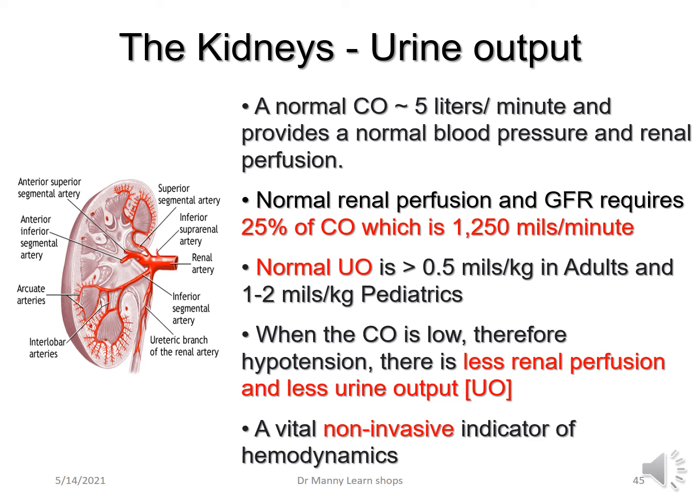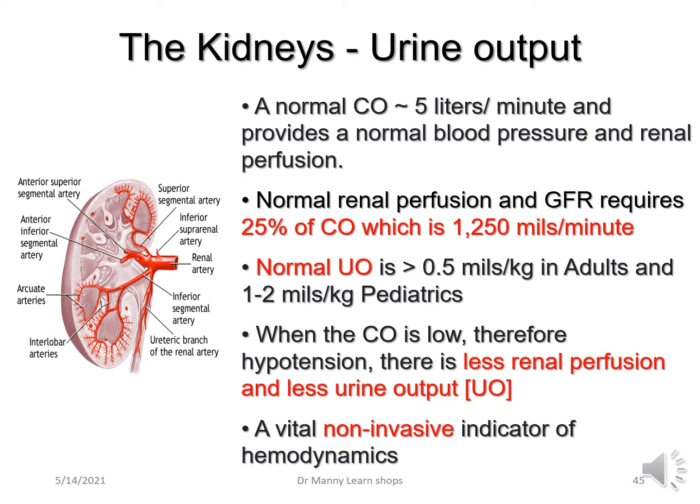Normal urine output in an adult is approximately 0.5 to 1 mil per kg, and about 1 to 2 mils per kg in pediatrics, with normal, typical oral intake. When the cardiac output is low then, because of hypotension, there's less renal perfusion and a lower glomerular filtration rate, and therefore you produce less urine.